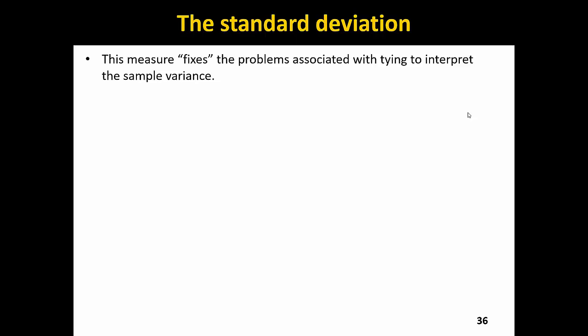So is there a way to fix the two problems observed with the sample variance? So recall that squaring the terms solved our first problem of having a zero sum to the deviation score. So that problem was solved. But now we have the other two problems. Well, the simple solution to this is to take that squared value in the opposite direction mathematically, and that's to take the square root.